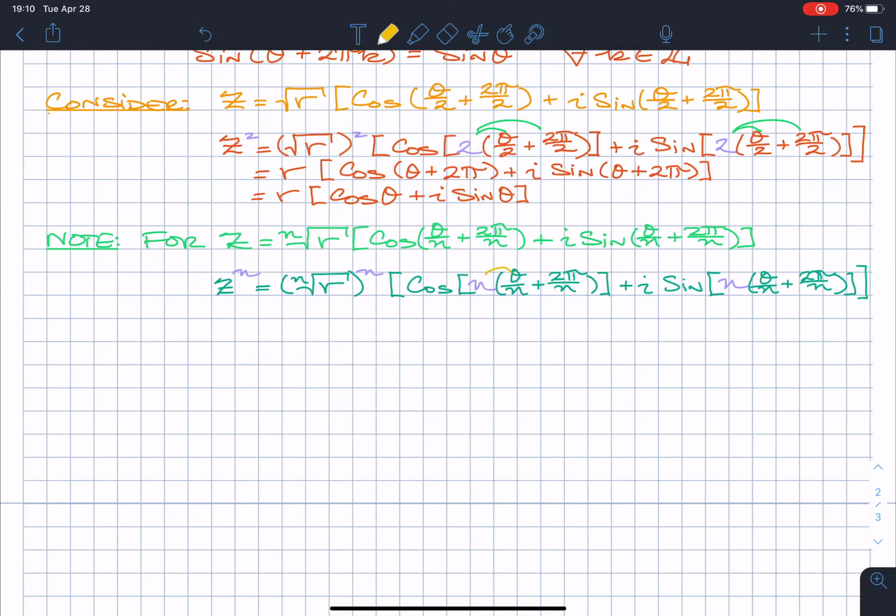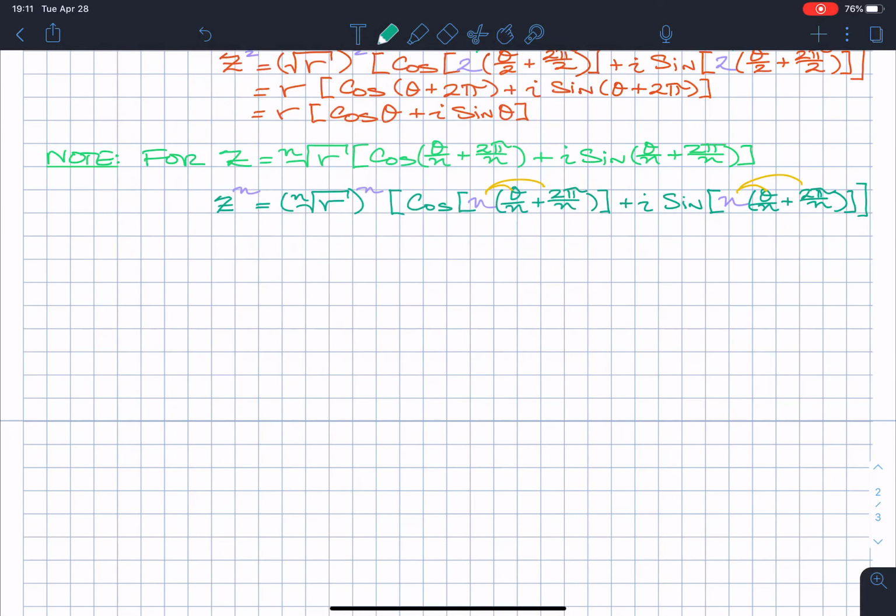Okay, so now I'm going to distribute the n to both terms inside each of the trigonometric arguments. So z to the n: the nth root of r to the n is just r. And when we distribute, we will have cosine, the n's are going to reduce, quantity theta plus 2 pi. Interesting. Plus I times sine of theta plus 2 pi. But remember, any integer multiple of 2 pi reduces. So this is simply r times cosine of theta plus I times sine of theta.